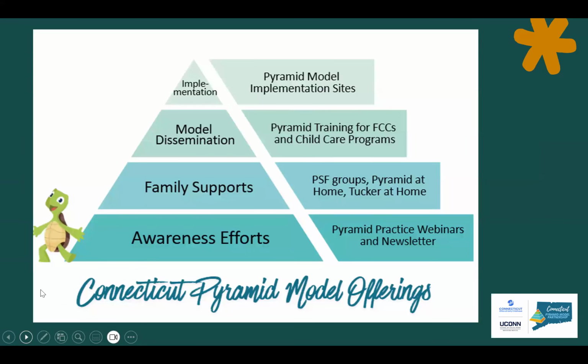This is just another illustration of Pyramid Model offerings in Connecticut. So similarly to the model itself, at the base, we first have to get awareness of Pyramid Model out there. So we have a series of monthly Pyramid practice webinars that are free to anyone that would want to join on a given topic.